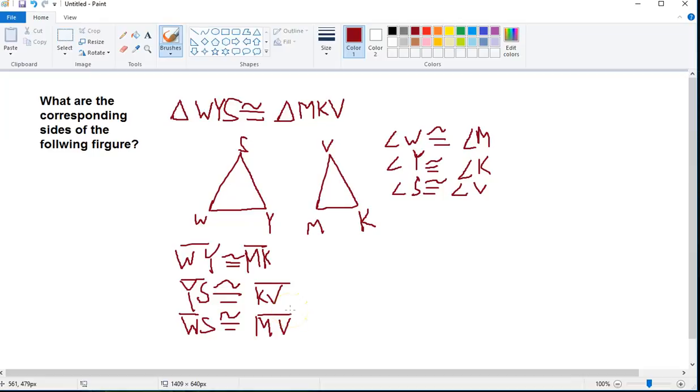Alright, so that's basically it. That's basically it for corresponding sides.